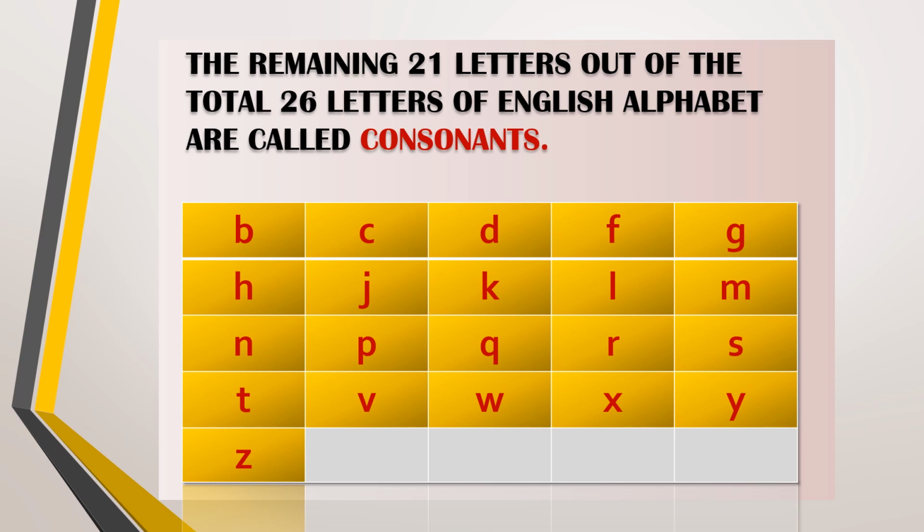B, C, D, F, G, H, J, K, L, M, N, P, Q, R, S, T, V, W, X, Y, Z. Children, these are the 21 letters. In this, A, E, I, O, U are missing. So why are they missing? Because they are the vowels and only these letters are called consonants.